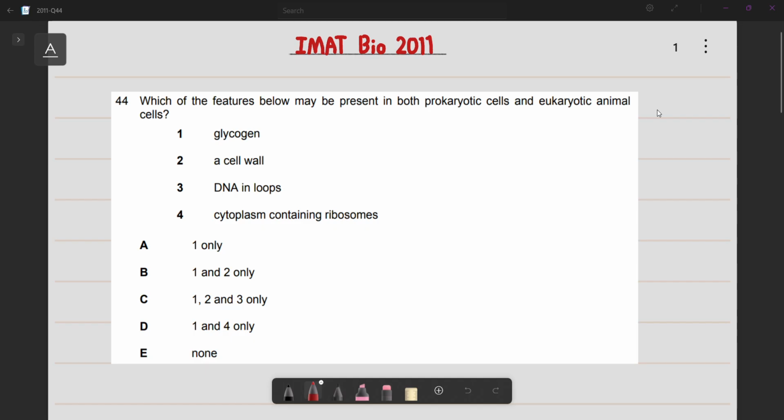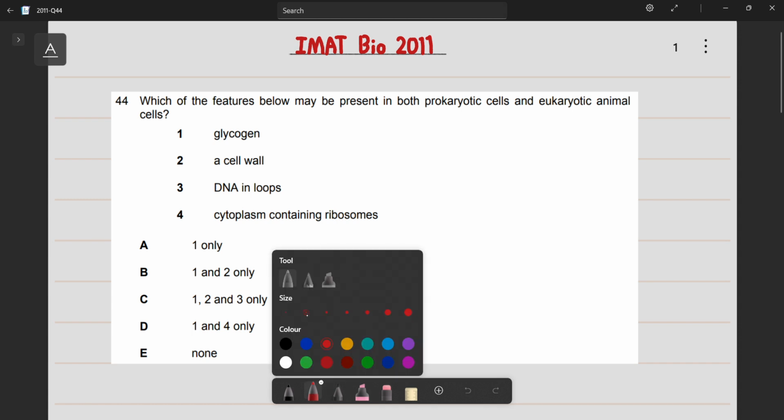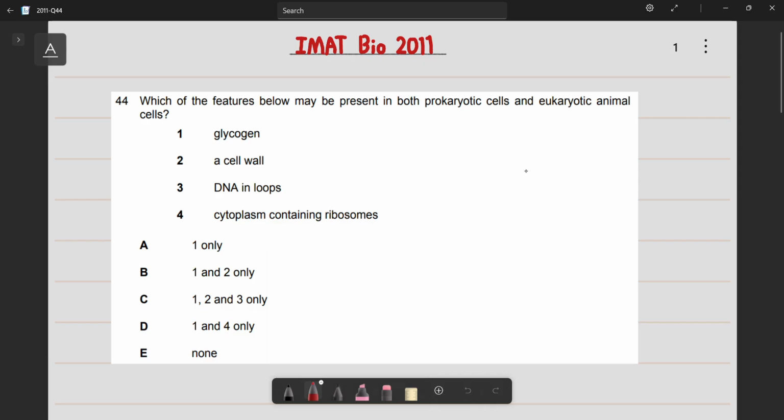Before we move forward, we must recall the basic definitions of prokaryotics and eukaryotics. The main feature we must know is that prokaryotic organisms like bacteria and archaea lack membrane-bound organelles.